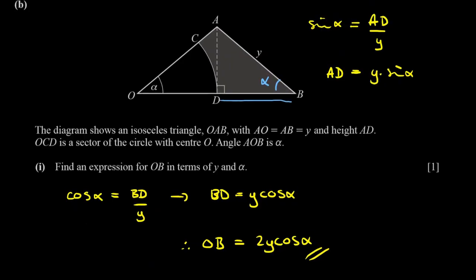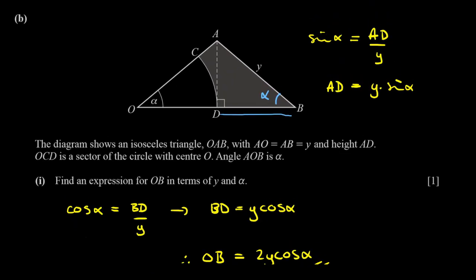How are we going to get the area of the shaded region? We need to subtract off the area of this sector here. Now, the area of a sector is equal to a half r squared theta. What's our radius? Our radius is the same as the length of BD, which we calculated earlier, is y cosine alpha.